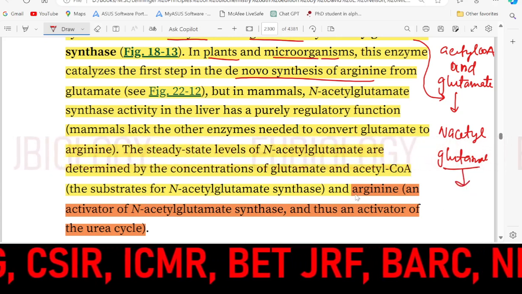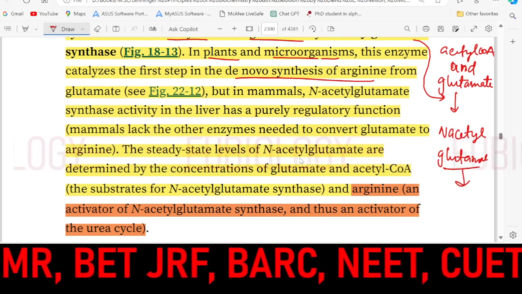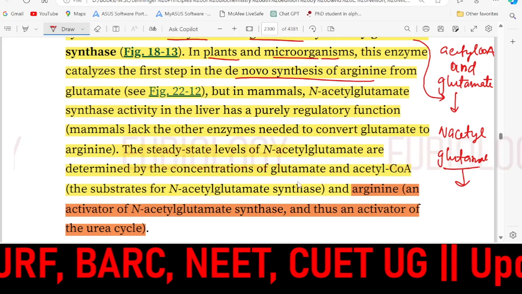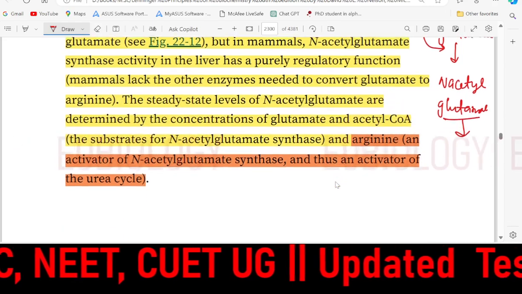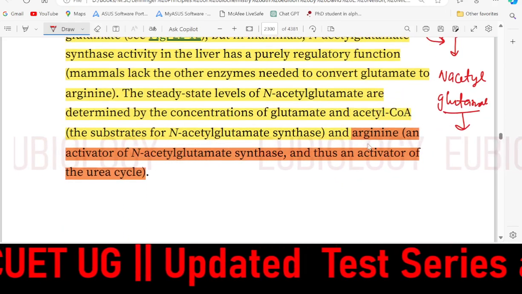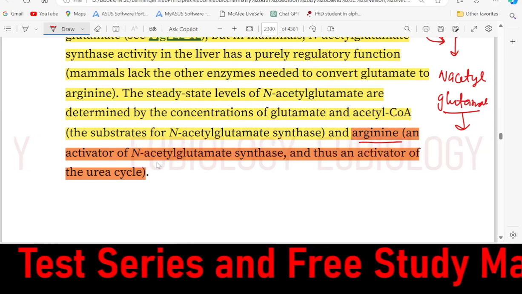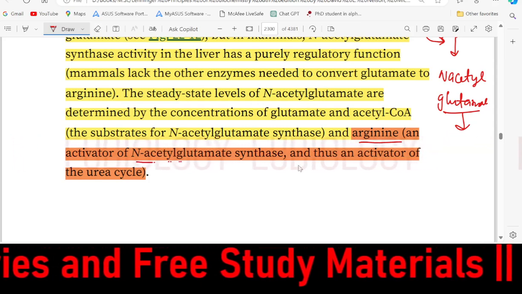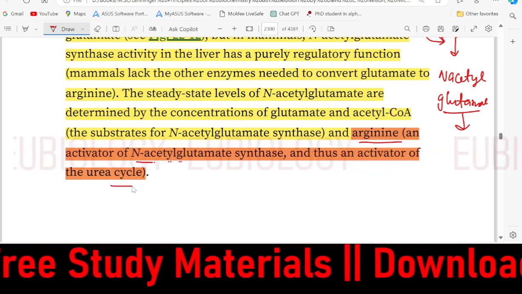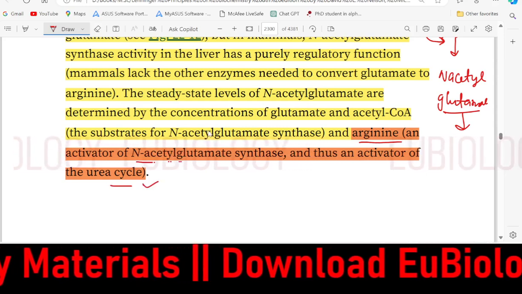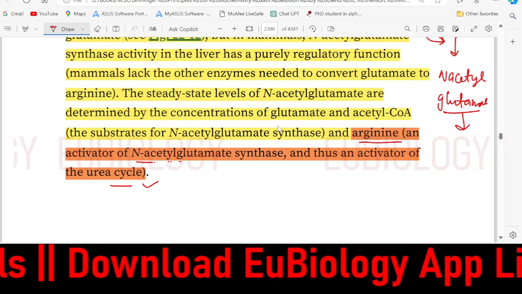Okay. And the arginine, here we can see arginine, an activator of N-acetyl glutamate synthase and thus activator of the urea cycle. You remembered it. Arginine is the activator of urea cycle.